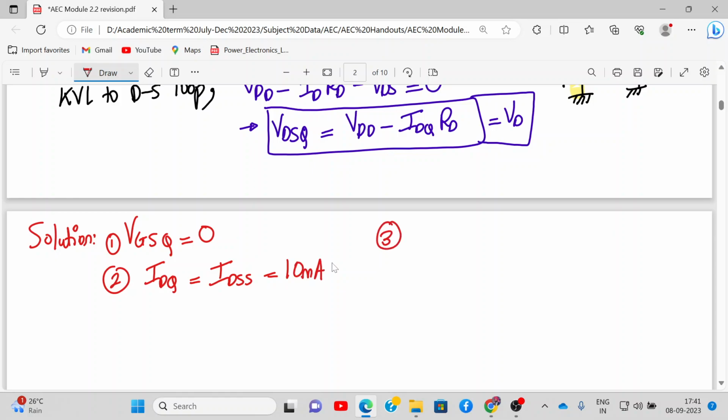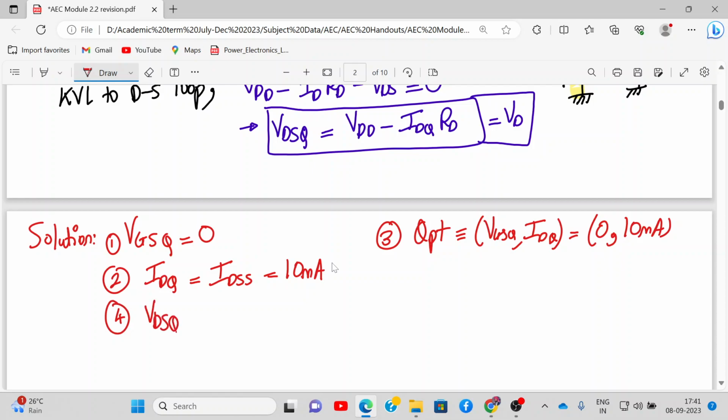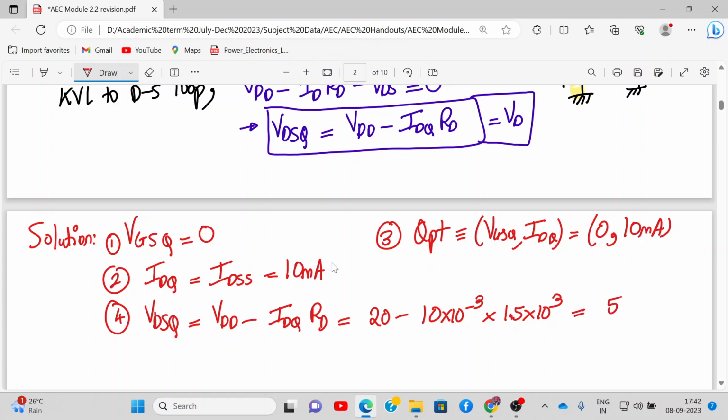Third step, Q point is VGSQ comma IDQ, which is 0 comma 10 milliampere. Fourth point, what is VDSQ? VDD minus IDQ into RD. So calculate this number and tell me. It is 10 raised to minus 3 into 1.5 into 10 raised to 3. So how much is this? 5 volt, right? Please cross check.